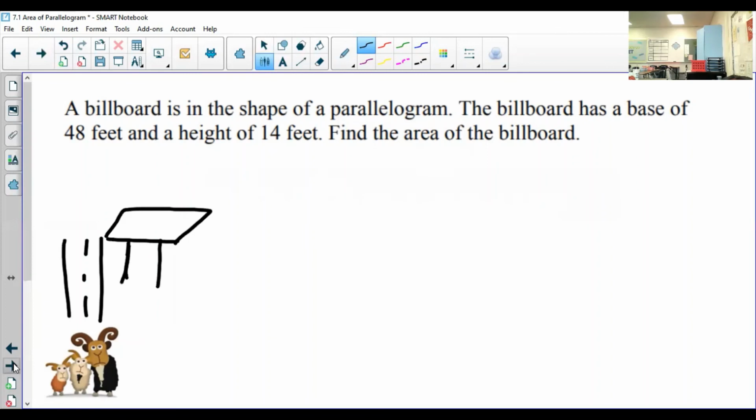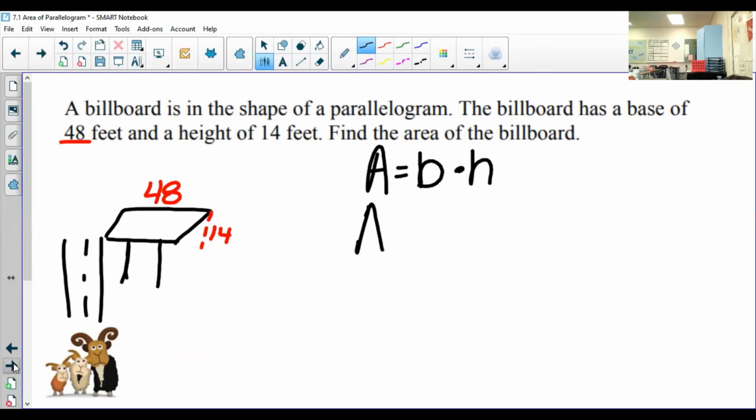And they're telling us that the base is 48 feet. So I know that the base is going to be 48, and the height is 14. And I know this distance right here is 14. So my formula is area equals base times height. We want to find the area.